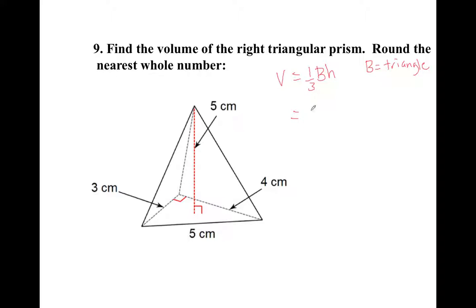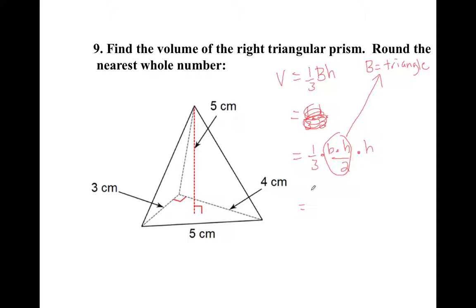So that means I do 1/3 times 1/2 times, and we'll do it the way that I have it. It's 1/3 times B times H divided by 2 times H. Right? Because this goes with that.